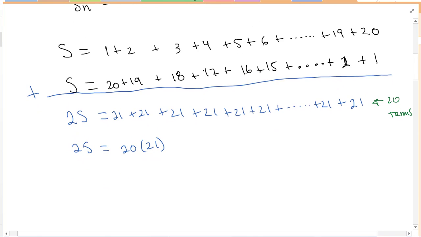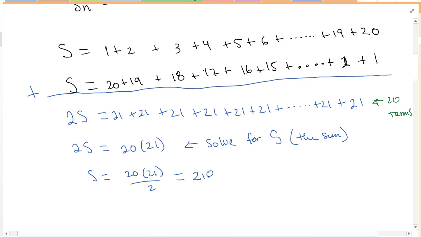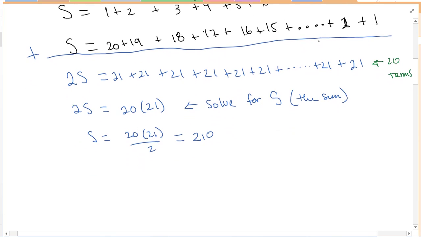Divide both sides by 2 to solve for S, where S is for sum. So S is 20 times 21 divided by 2, which gives us 10 times 21, so 210. That will be the sum of the first 20 natural numbers.